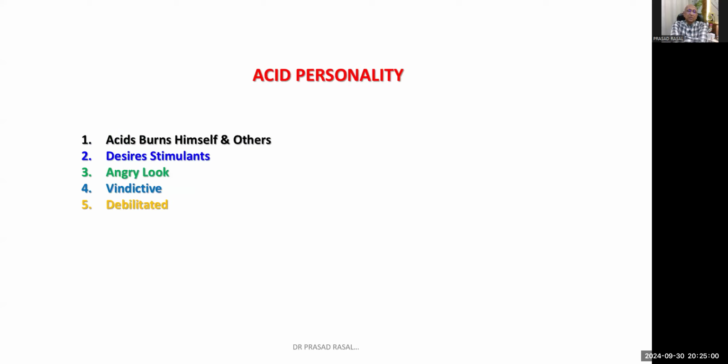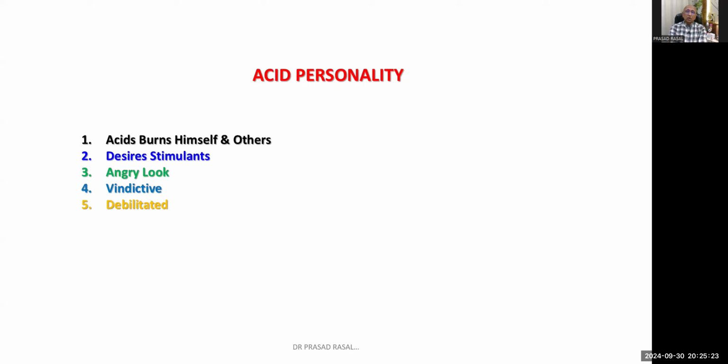What is the acid personality? Acid personalities are persons who burn themselves and burn others also. They get burned themselves at the mental level and at the physical level, and at the same time they trouble others.